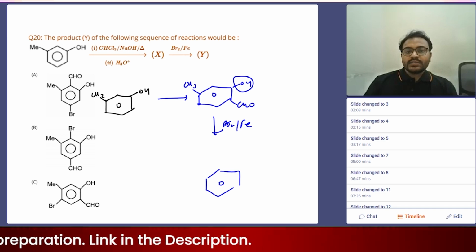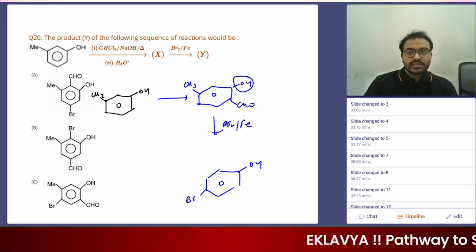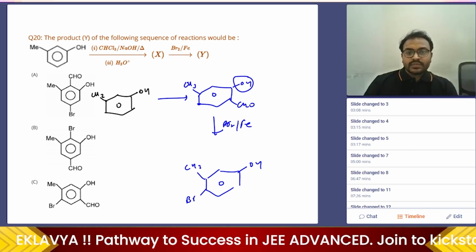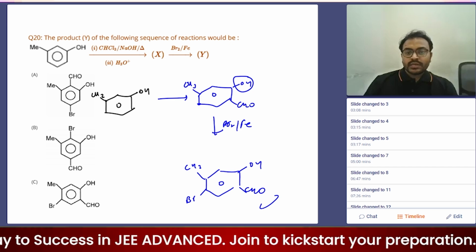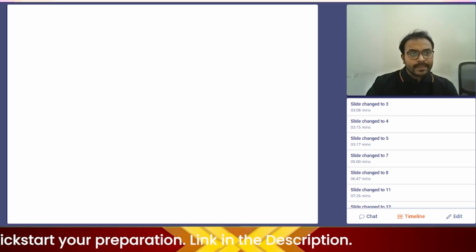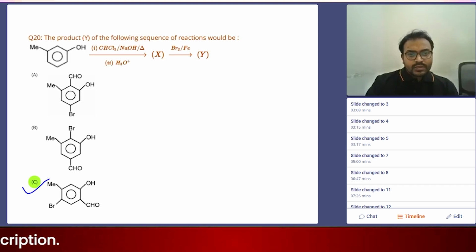So the final answer will be, second step is a simple electrophilic aromatic substitution reaction. So here Br will come, and at this position CH3 present, and here CHO. This is the correct answer, right? So the correct answer we have is option C.